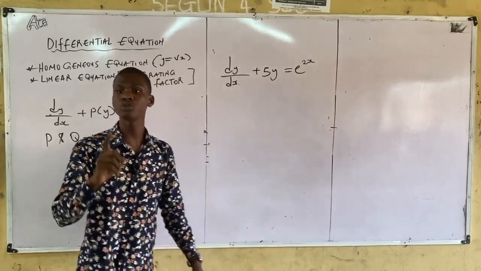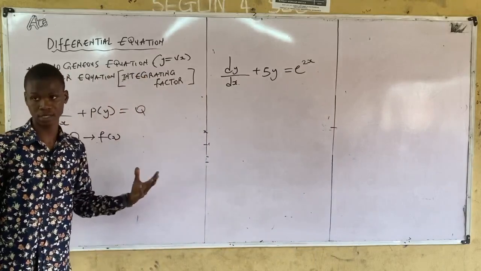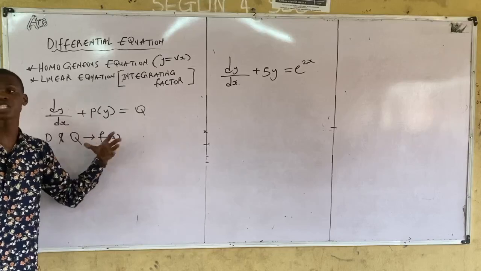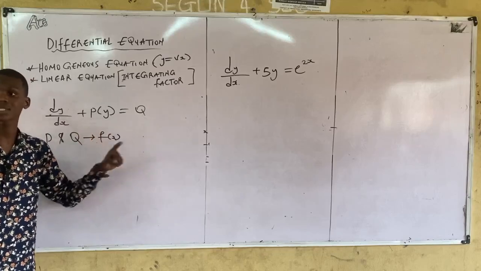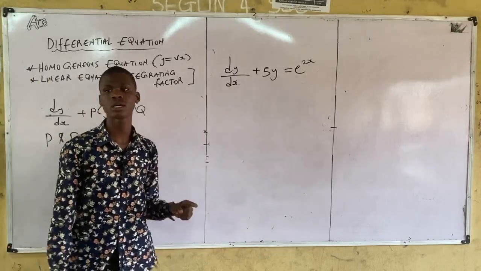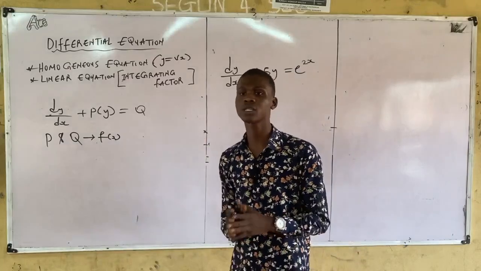Now, doing your comparison, we already established that when we have a differential equation of this nature, it means linear equation. Now, comparing this and this, what can you say about them?